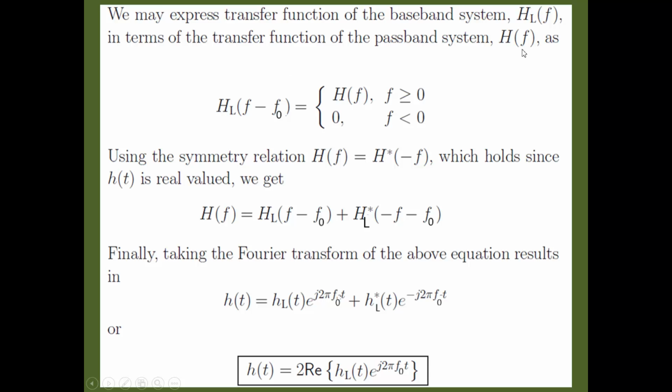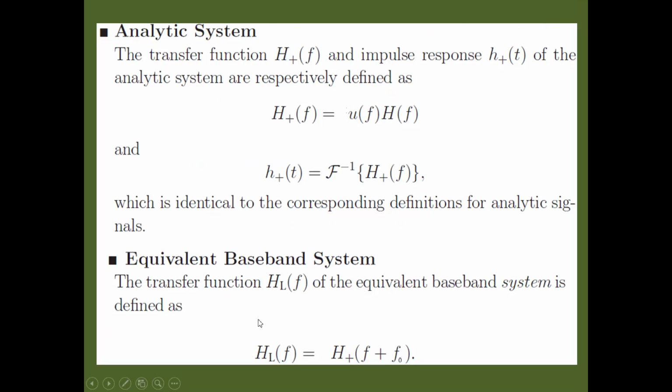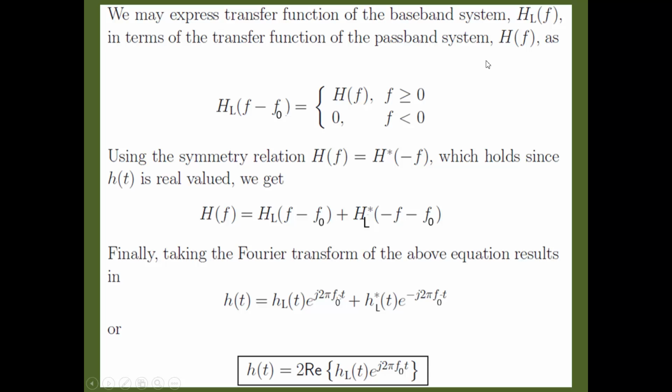How can we do that? We have obtained the transfer function of the baseband system. If we shift the transfer function of the baseband system to the right by f naught, that's what we do here.